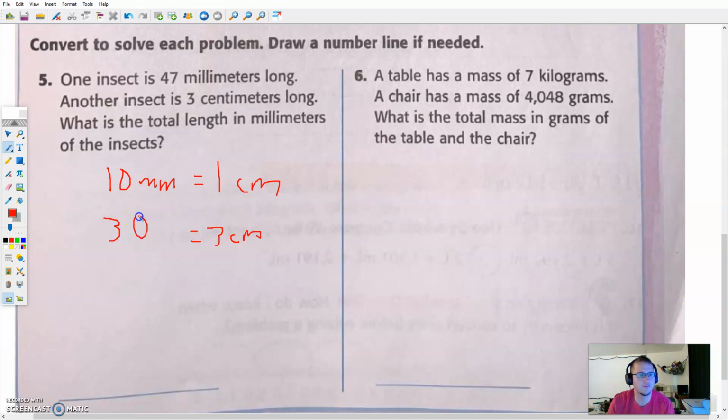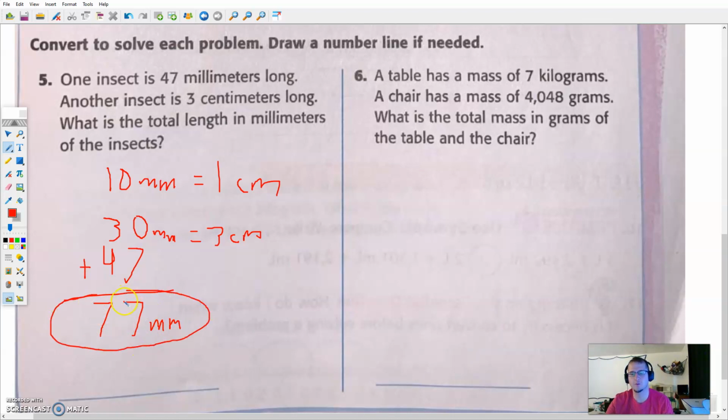So the first thing we have to do here is make that conversion. What is the total length in millimeters of the insects? So I've now got 30 and 47. 0 plus 7 is 7. 3 plus 4 is 7. So my total length is 77 millimeters.